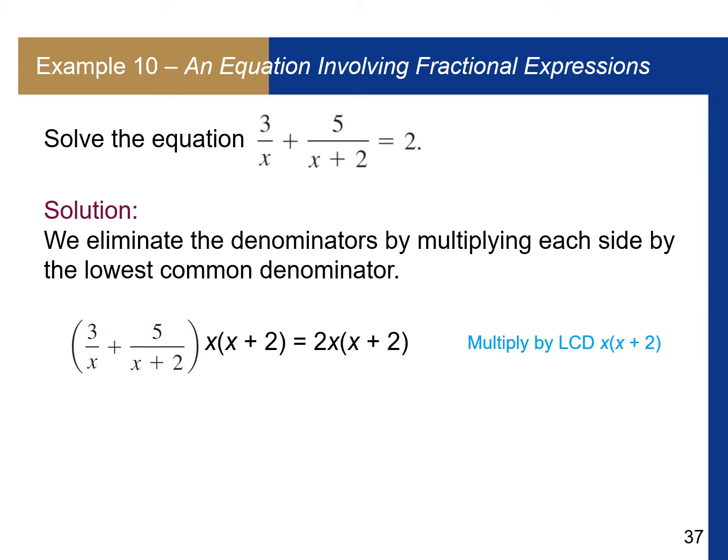So if I look here and I say, what is my LCD? What is my common denominator? My LCD, lowest common denominator, or least common denominator, is going to be x times x plus 2.